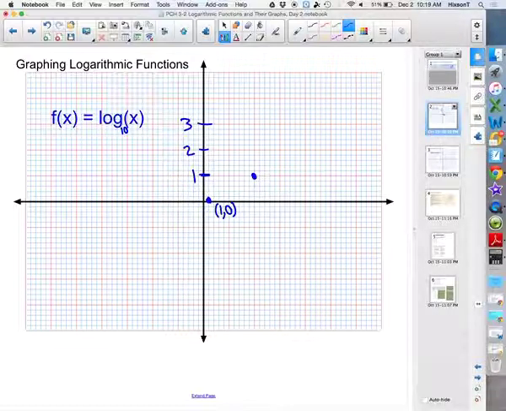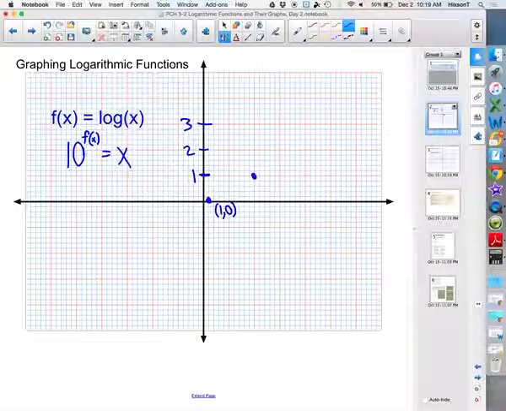Now, when you're coming up with points for these, you could think of these in their exponential form. If I were rewriting this as an exponential, I would have 10 to whatever the power f of x is, and that will equal my x coordinate. So in this case, I could just plug in different values for y. That'll give me my x coordinate. Alright? So if I plug in 0, I get 1.